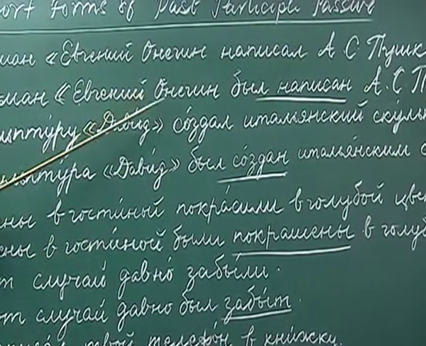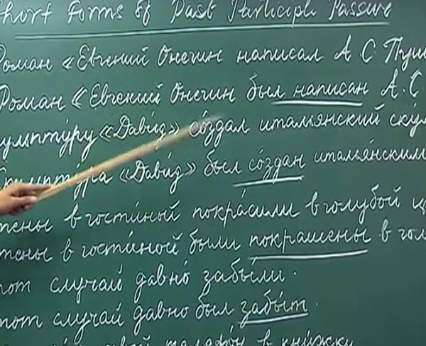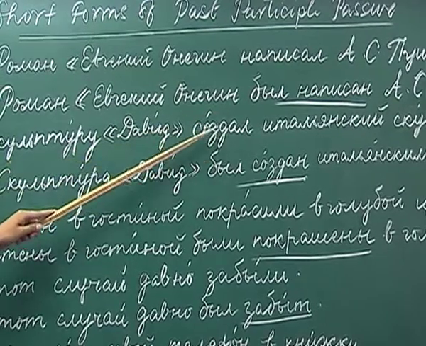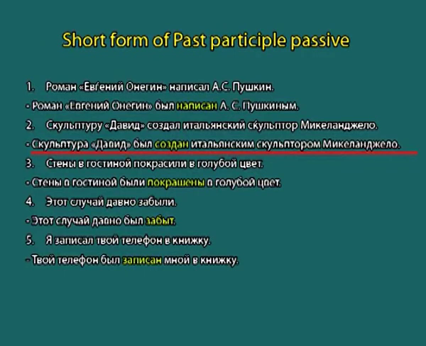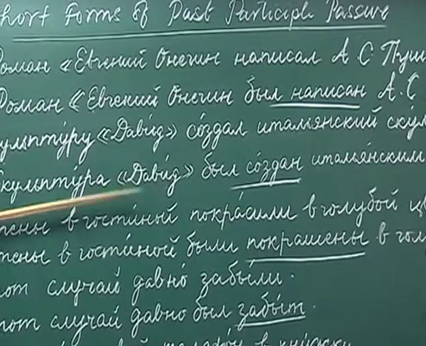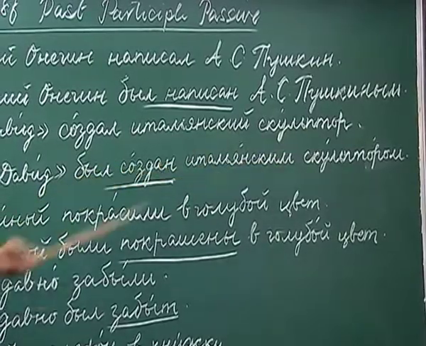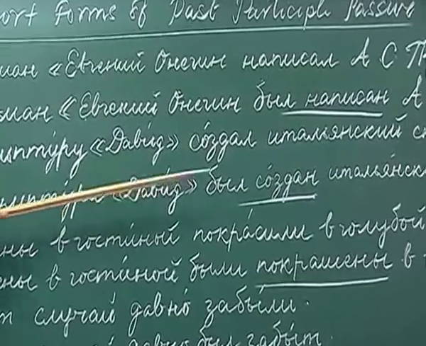Now how do you change this active construction into passive using the short form of the passive participle derived from this verb? Skulptura David byla sozdana italyanskim skulptorom.